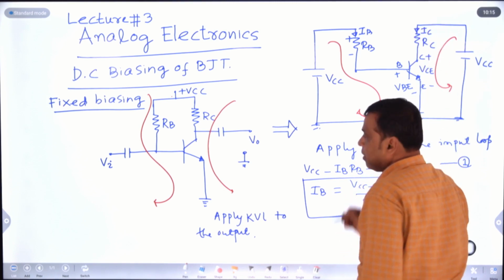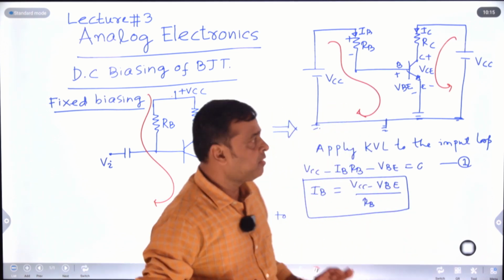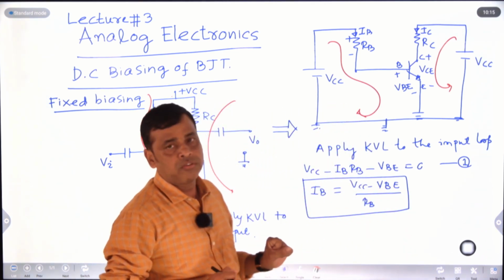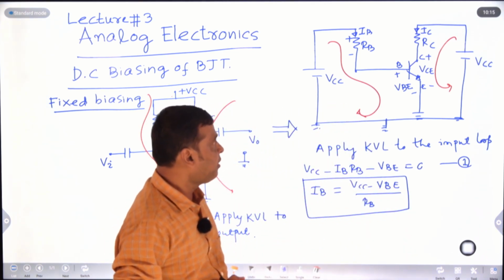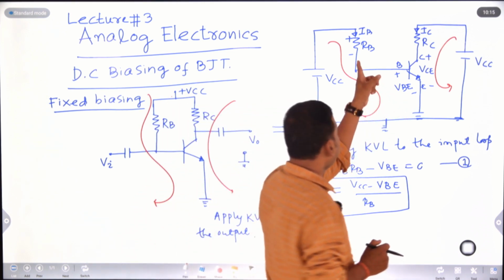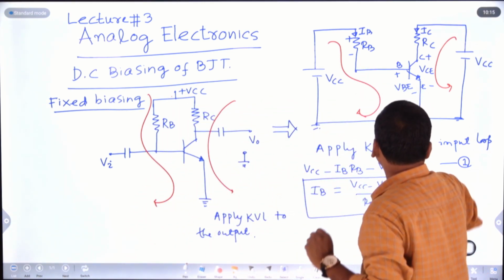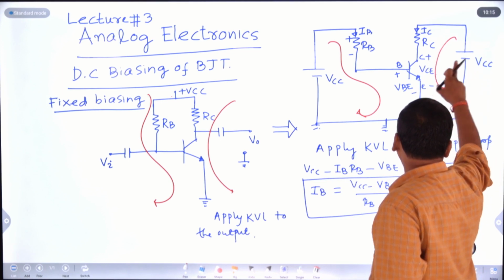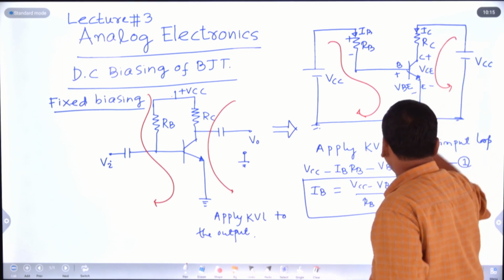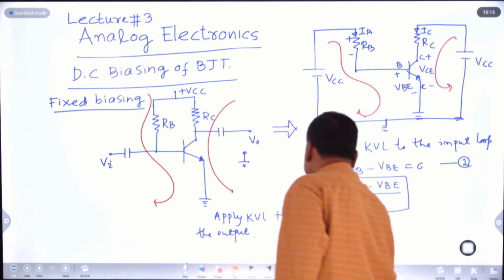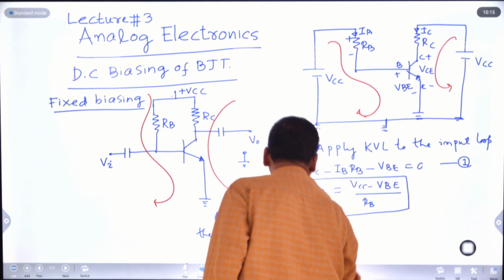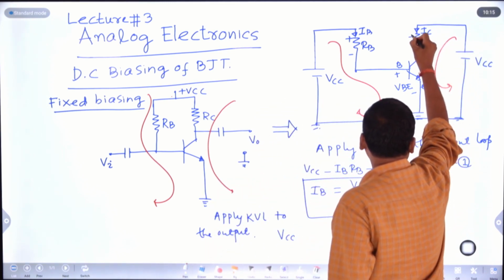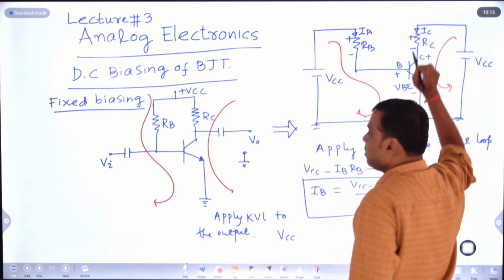IC. So in a transistor there are three currents: one is your base current, another is your collector current, and the third is your emitter current. The emitter current is nothing but base current plus collector current. If I apply KVL to the output, what is my output equation? Minus to plus, plus VCC, then here the plus terminal and here the minus terminal, current entering plus, leaving minus.